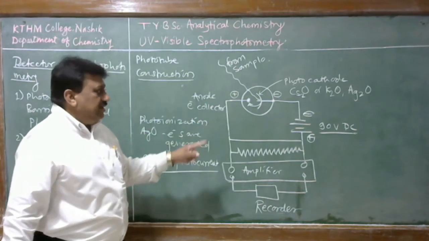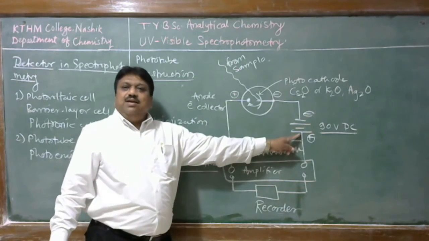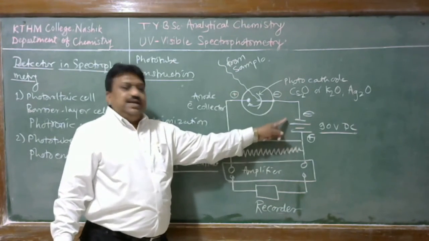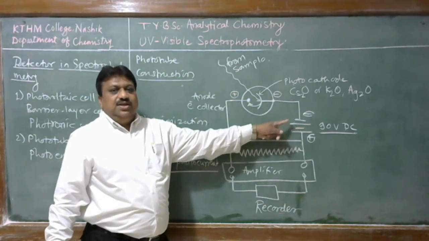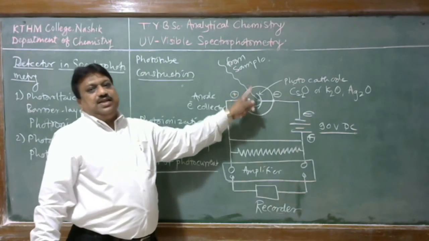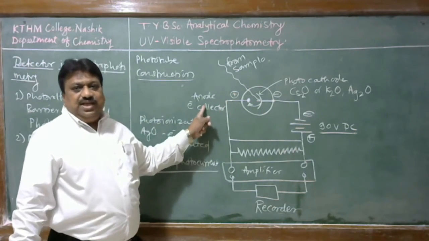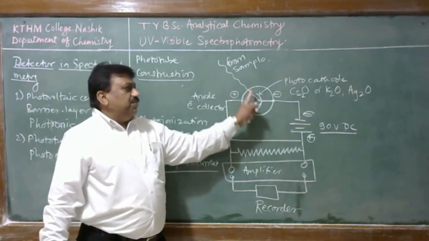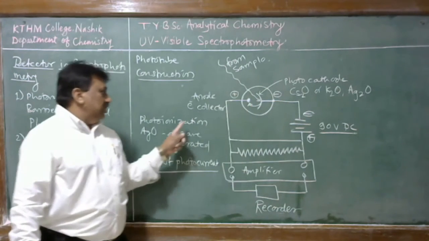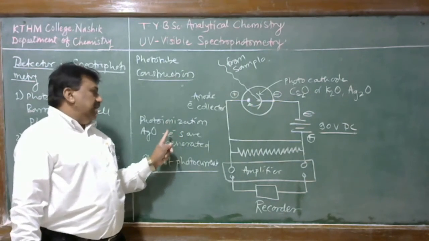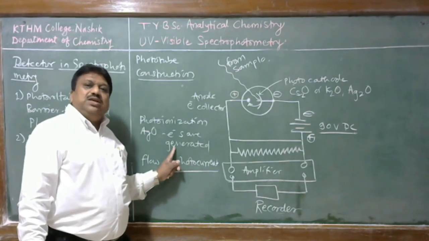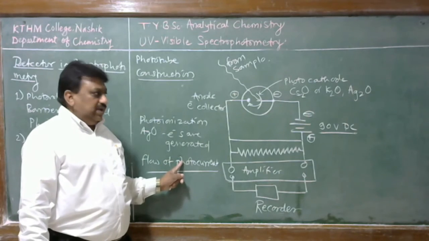Now this cell requires a DC power supply. The cell does not have its own potential, so an external potential is required, and the photoelectric effect generates the electrons. Radiant power falling on the photocathode is proportional to the photoionization, which is proportional to the production of electrons, and that is proportional to the magnitude of the photocurrent.